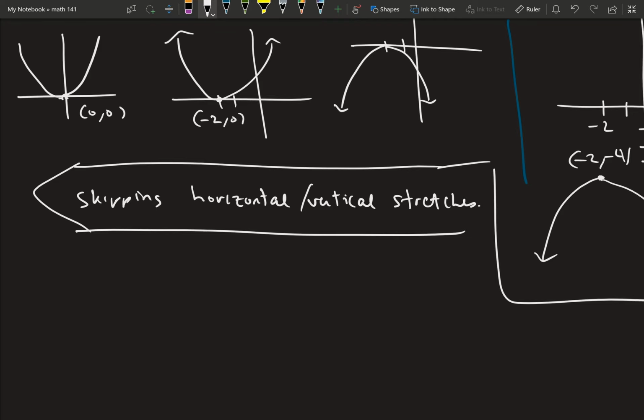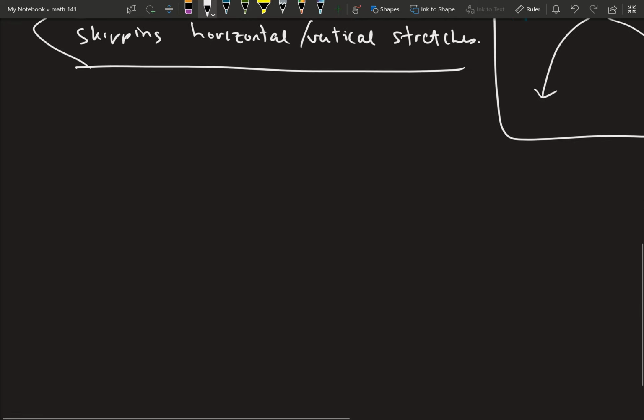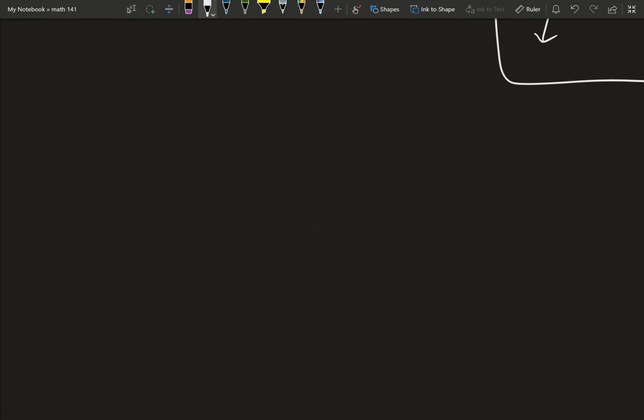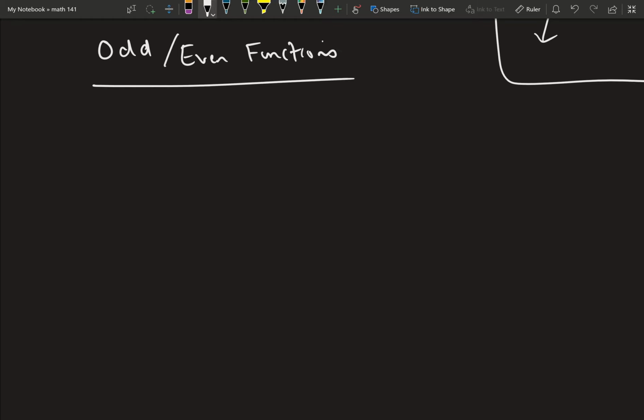Okay, so what we're going to do now is talk about, this will be the last part, odd and even functions. The nice thing about this is, in a way, we've already talked about it, but these are essentially types of symmetry of functions.